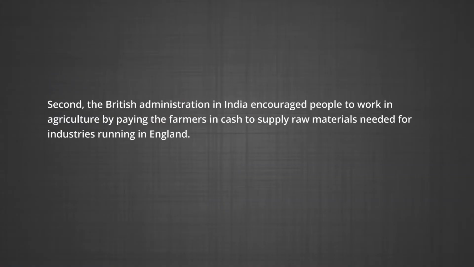As a result, the workers working in these industries were forced to move towards the rural areas and adopt agriculture as their main livelihood. Second, the British administration in India encouraged people to work in agriculture by paying the farmers in cash to supply raw materials needed for industries running in England. So, agriculture remained the major occupation in India.